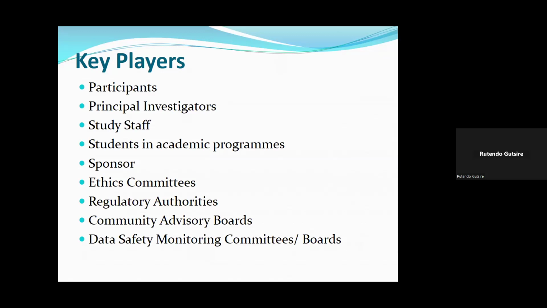Then we have community advisory boards. When researchers go out there in the community, they are usually encouraged to set up a committee with community representatives, people that are known in the community, such that they form a link between the researchers and the community participants. Then data safety monitoring committees, boards, these are set up, especially for clinical trials, to check. Let's say, I'll give an example of COVID.